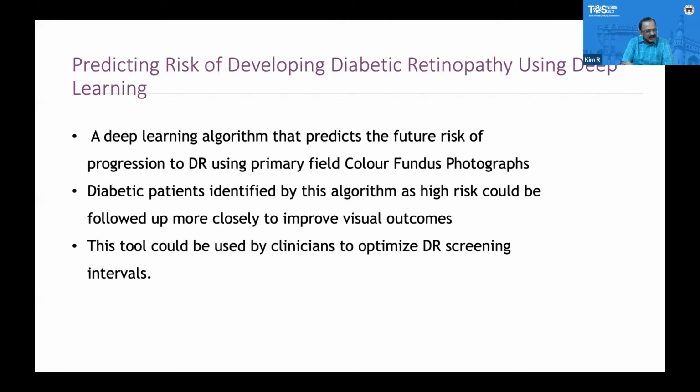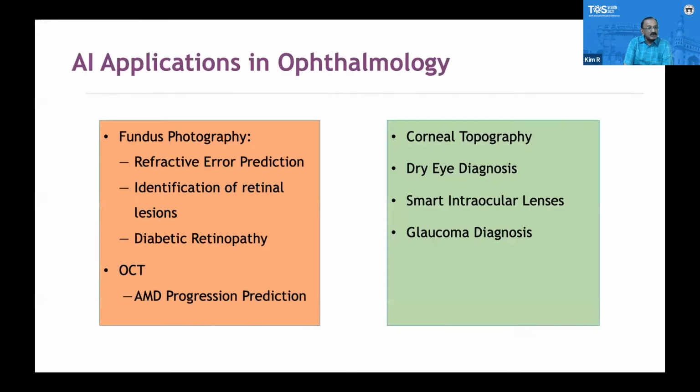For a diabetic patient who doesn't have diabetic retinopathy at this point of time, the system will be able to predict the future risk of this patient going into advanced stages of diabetic retinopathy in a period of 1 or 2 years, just by looking at the fundus photos. As I said, this again has tremendous potential to understand which patients we need to follow more closely, and those that can be seen at a much larger interval.